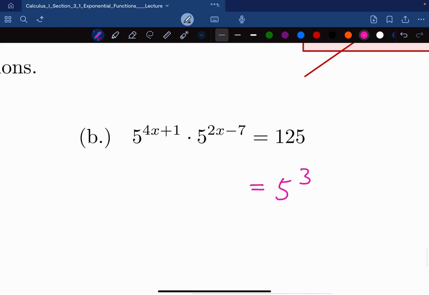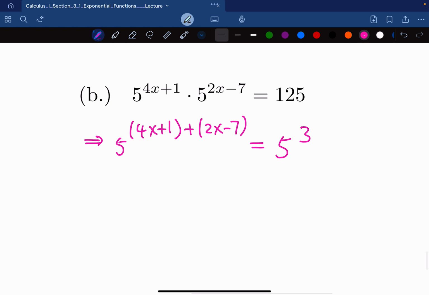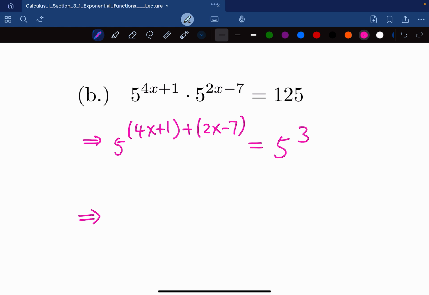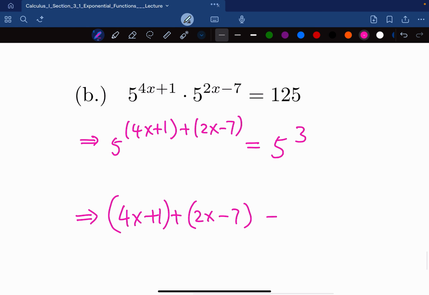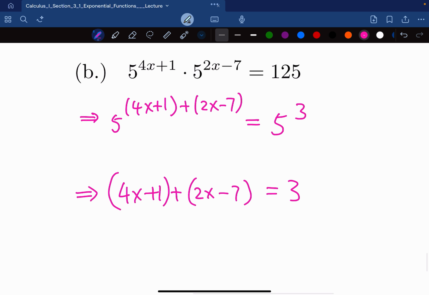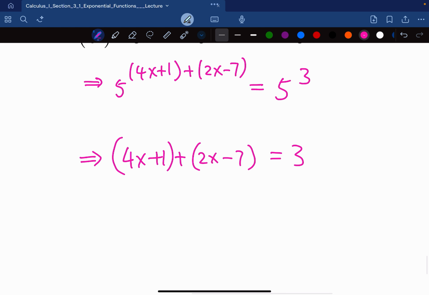So here, this is going to be 5 to the power of 4x plus 1 plus 2x minus 7. Now I have both sides as powers of 5. I can apply the one-to-one property, and the 5 drops. We have 4x plus 1 plus 2x minus 7 equals 3. And then the rest is child's play at this point.